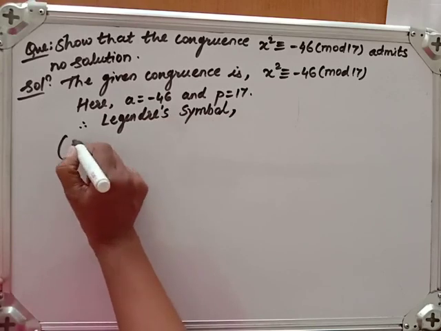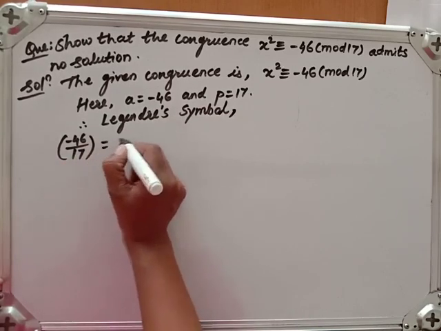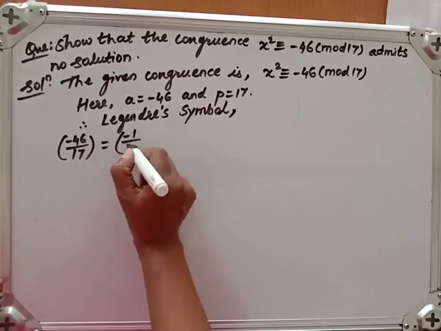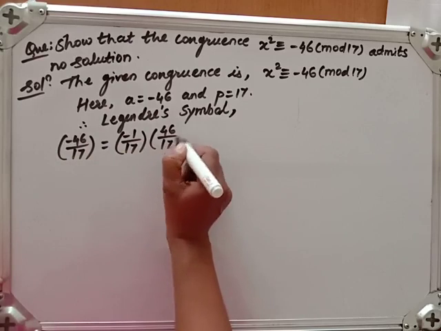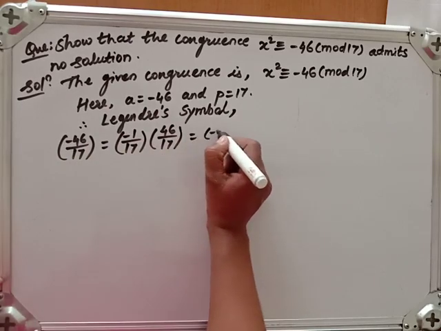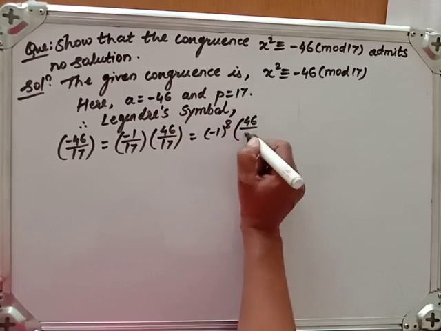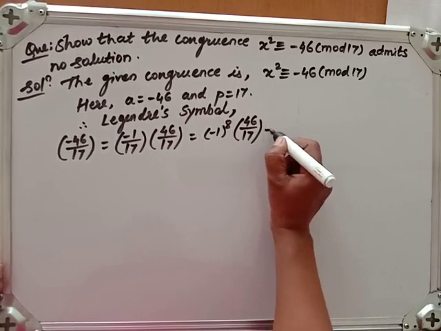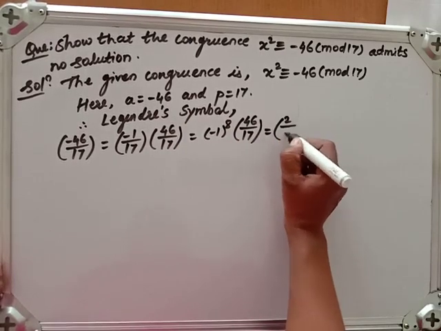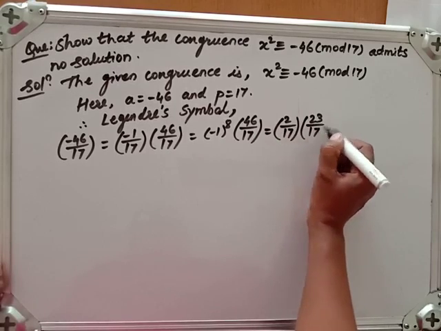Therefore the Legendre symbol will be the Legendre symbol of minus 46 by 17. That is equal to the Legendre symbol of minus 1 by 17 into 46 by 17. So this is minus 1 raised to 8 into 46 by 17. So that is the Legendre symbol of 2 by 17 into the Legendre symbol of 23 by 17.